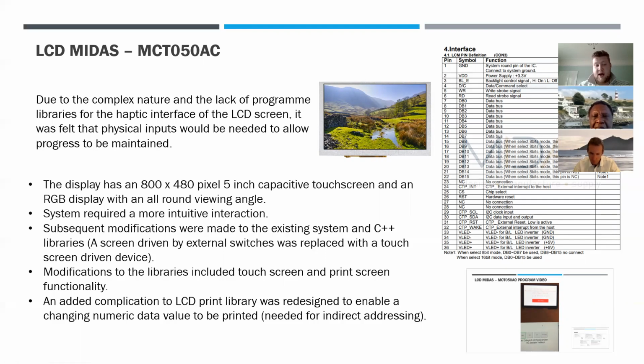However, I decided later on that I wanted to utilize the full capacity of the screen, so I turned it into a touch screen, getting rid of the external switches, which also later on in the design meant that I could try and turn the system into a dust-proof container.